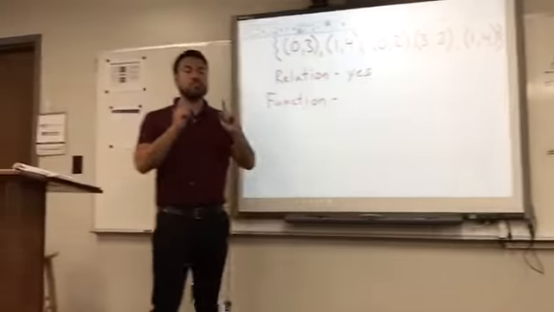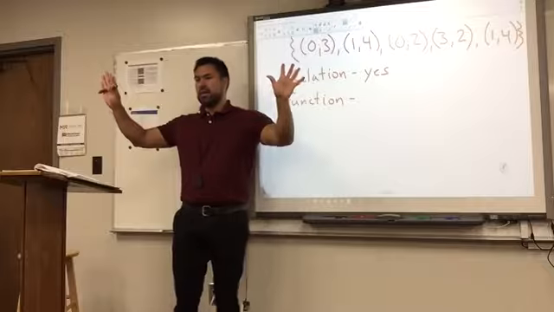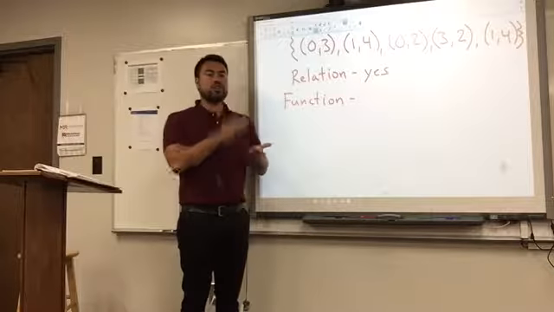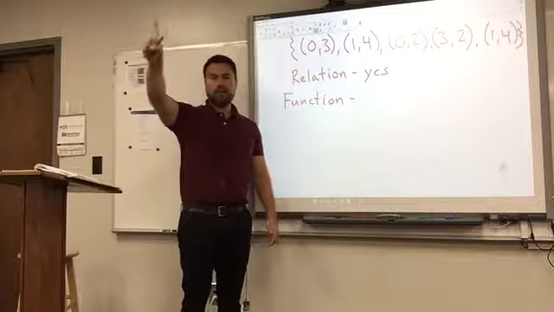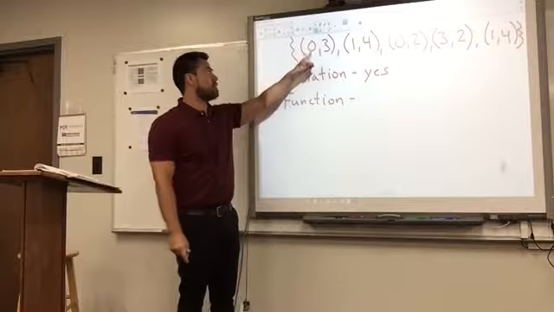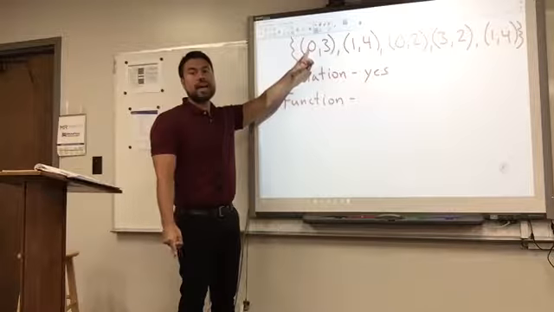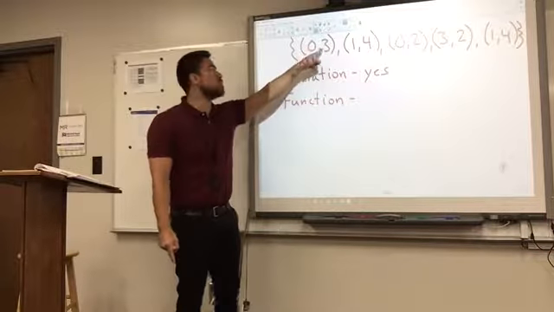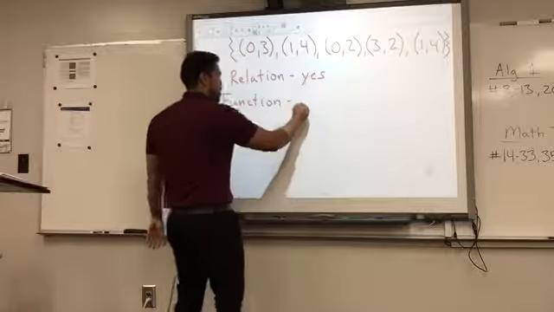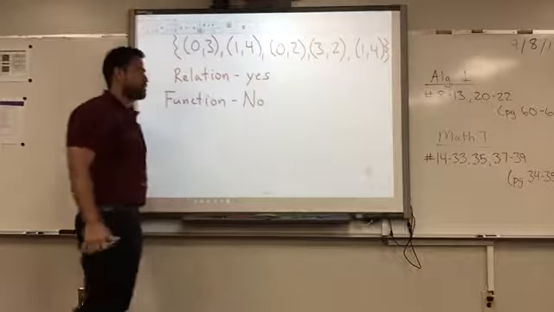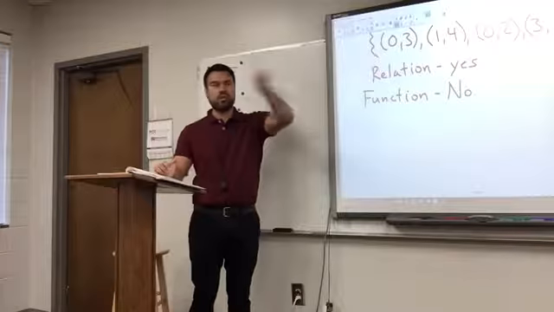Great question. I'm going to answer both of those questions because I try to do this on purpose, so watch what we're going to do. Let's look at every domain value and see if it has exactly one y value. Let's start with 0. Does it have exactly one y value? The answer is no. It has 2 of them, so not a function. This x value has 2 y values, or 2 outputs.